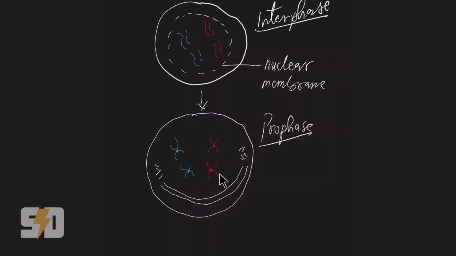Each individual thread is known as a chromatid this time around, and the point where both of them are joined is known as the centromere. This point is very important because during their separation, they are going to be separated from the points of the centromere. So this is basically what happens during the prophase. Now we go on to the next phase.